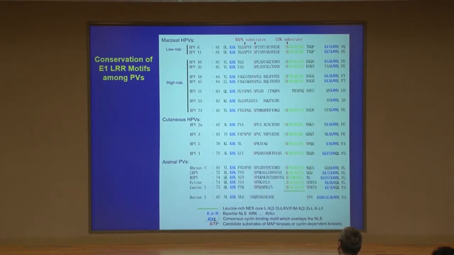And even animal viruses, except for bovine papillomavirus, which doesn't have the nuclear export sequence. And this is also true for the MAP kinase docking domain, for all the viruses, including bovine papillomavirus, all conserved. So the hypothesis is that if we can target this shuttling, we should be able to control the virus.